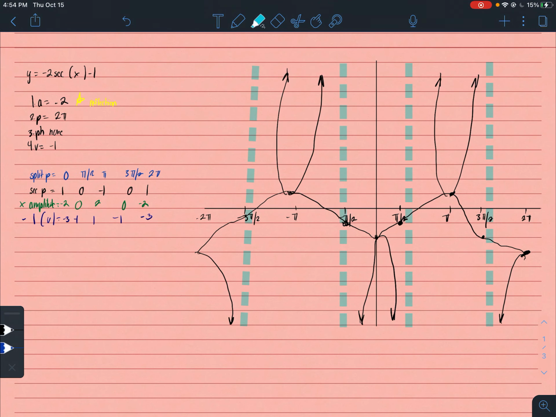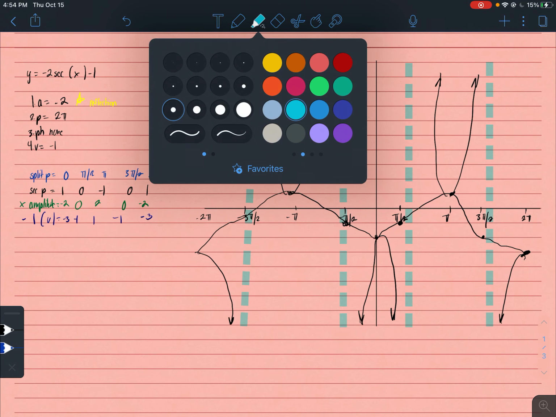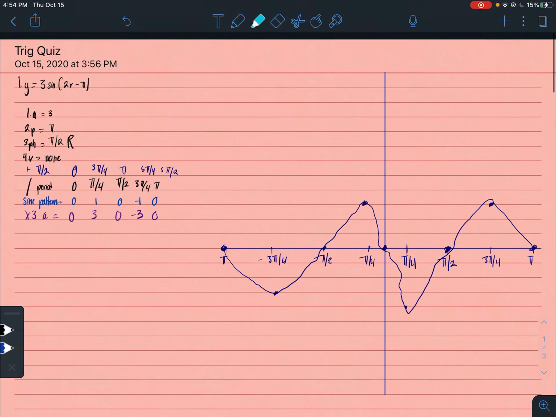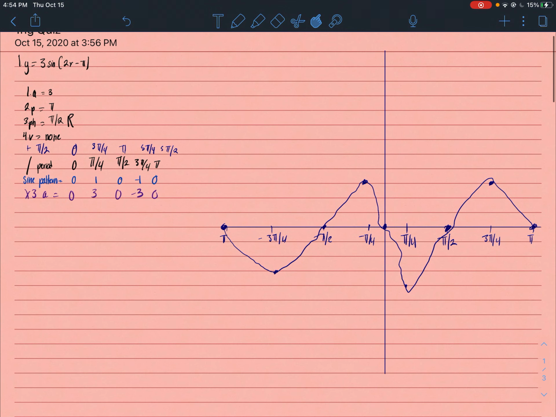And since this is a reflection, what I'm going to do is highlight the original line we had. There you go. This is my trig quiz work. Thank you.